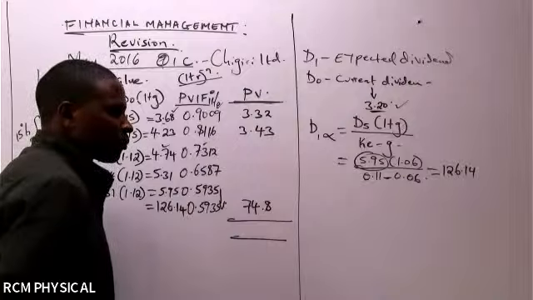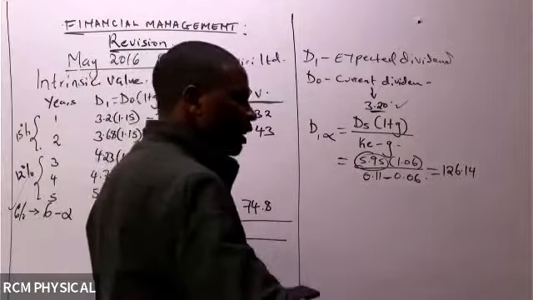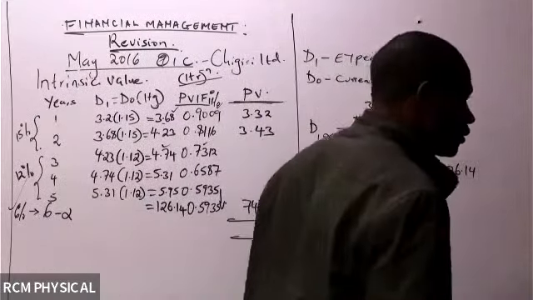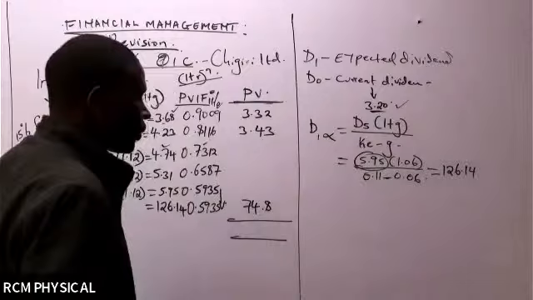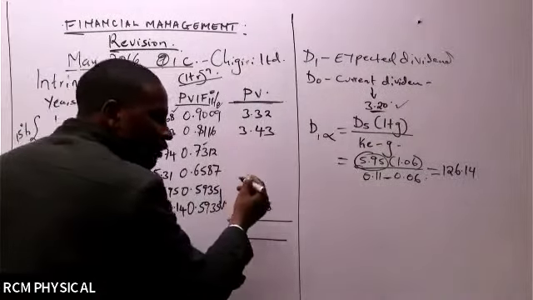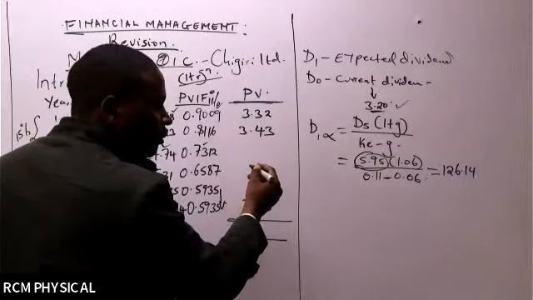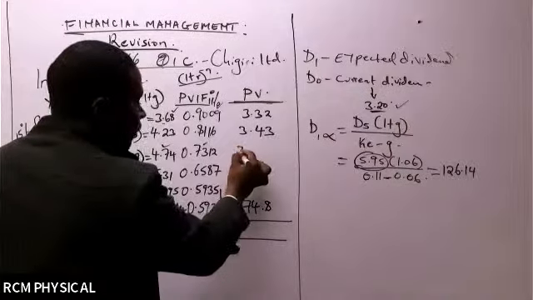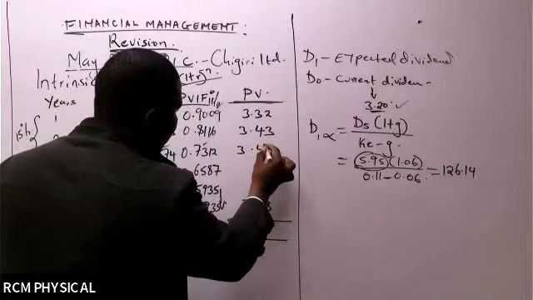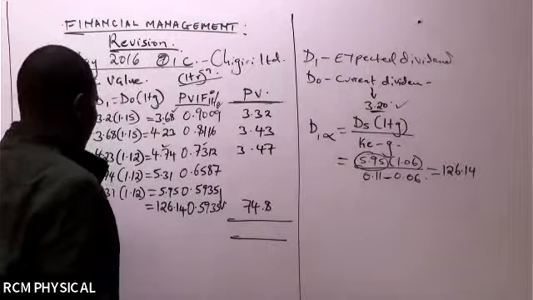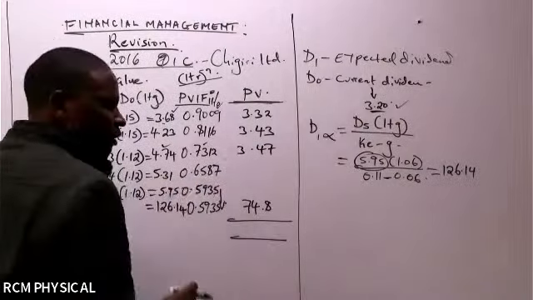Nipatie hiyo. Ama imehang. It's very okay. So give me this. 3.47. Okay. It is 3.47. Then give me this.